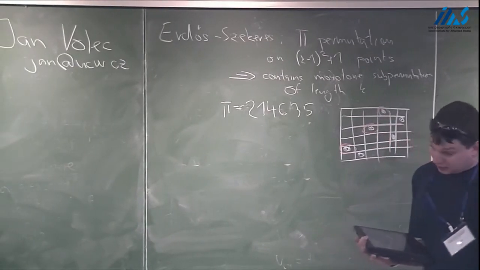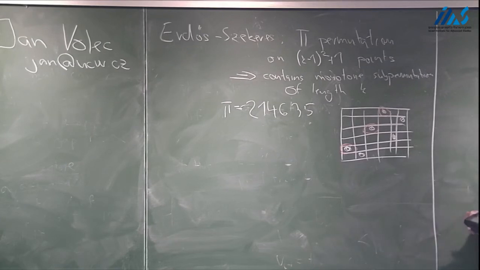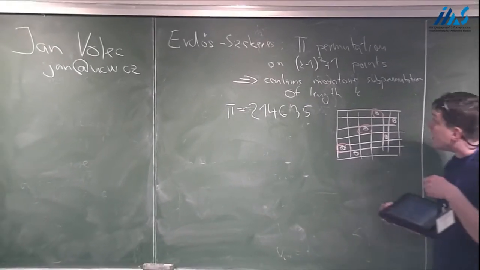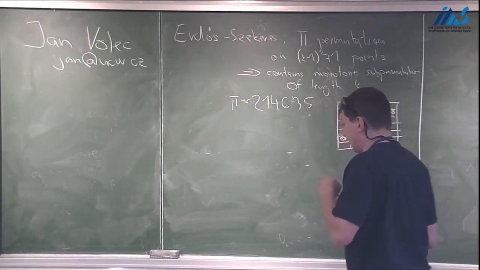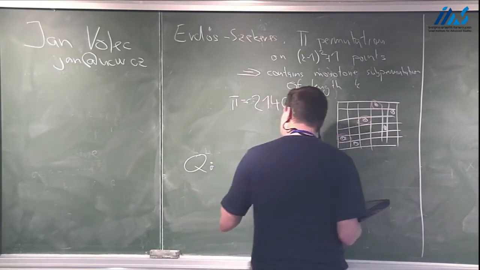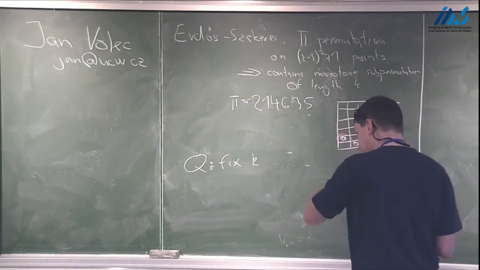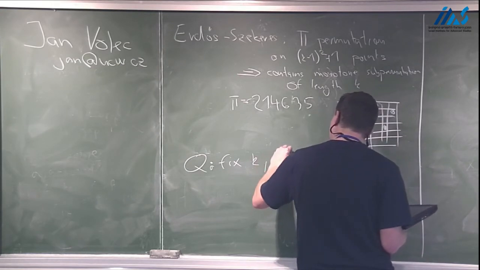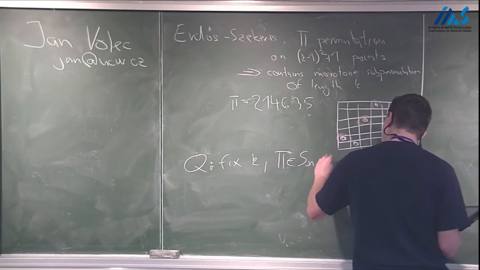And now, the question I would like to ask is how many monotone subpermutations of length k a permutation pi necessarily has to contain. So fix k and let pi be a permutation on n points.